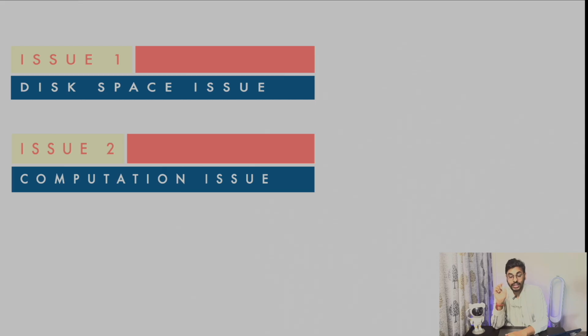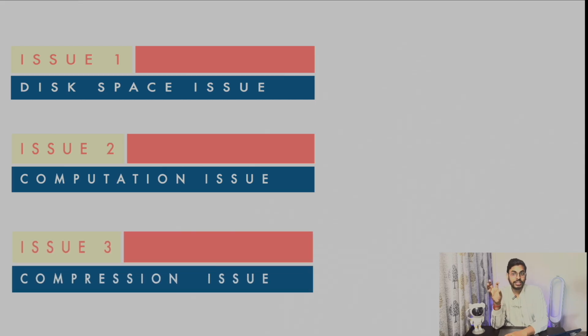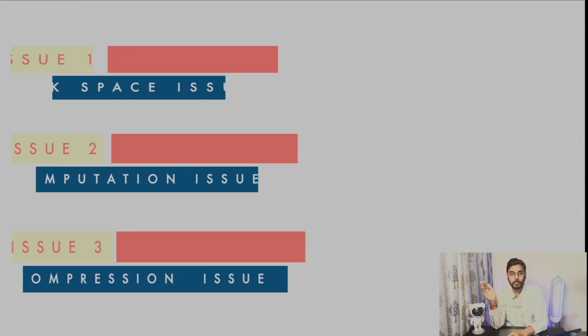Then in the third case, we are able to optimize the storage, but it will not always work. It will depend upon the type of file you are using. If there are files that cannot be compressed much, then again you will run out of disk space.